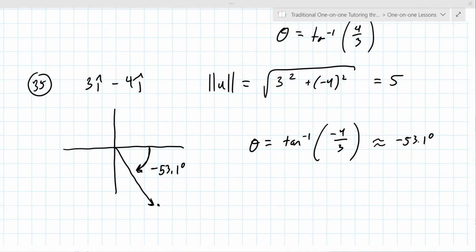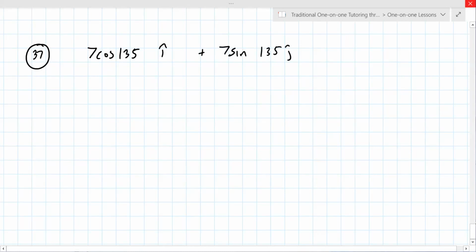Okay, so the next question is 37, which is just another kind of a thing here. Actually, I'll just write this one. 37. So it's 7 cosine 135 i plus 7 sine 135 j.